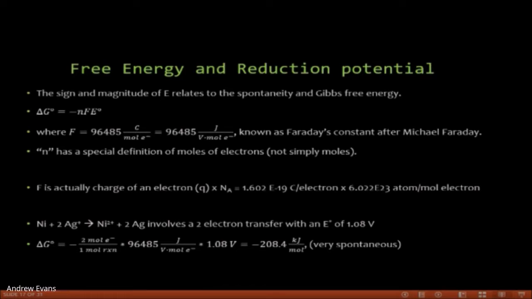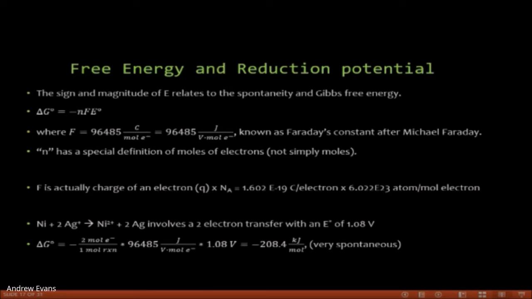If I take a joule per volt per mole of electron and multiply it by a cell potential, which is in volts, we would get joules per mole of electron. Now the N will then convert that moles of electron into moles of reaction.